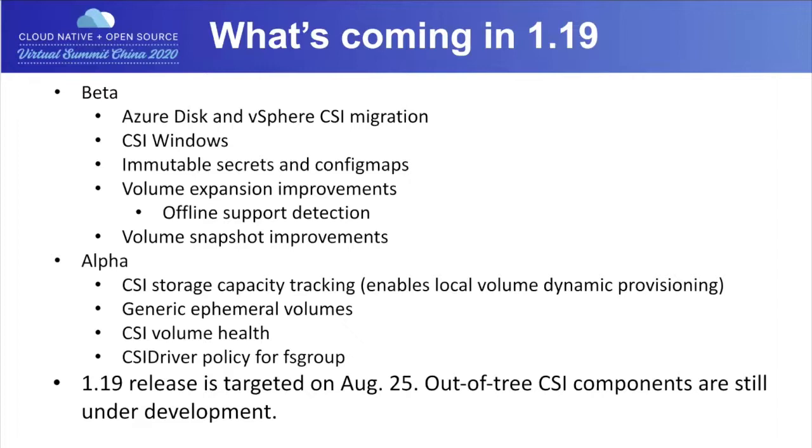So what that basically means is when you specify a generic ephemeral volume in your pod spec, you will actually specify a volume claim template, which is very similar to the PVC spec, and underneath the covers, it will go and manage the life cycle of that PVC with the life cycle of the pod.